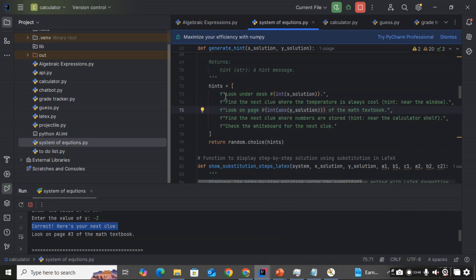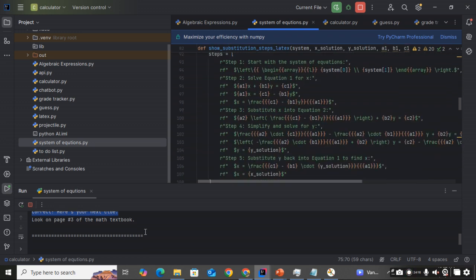You can tailor it to have hints that will be applicable to your classroom settings. Now, these hints are generated at random, so we have a random choice of hints. For this example, it chose the third one: look on page number 3 of the math textbook.